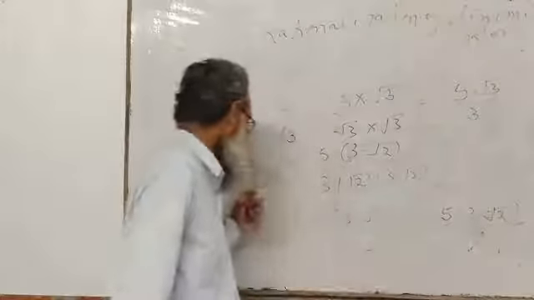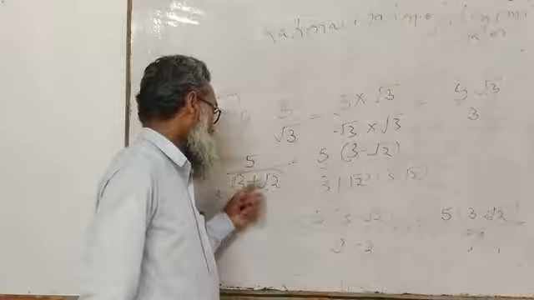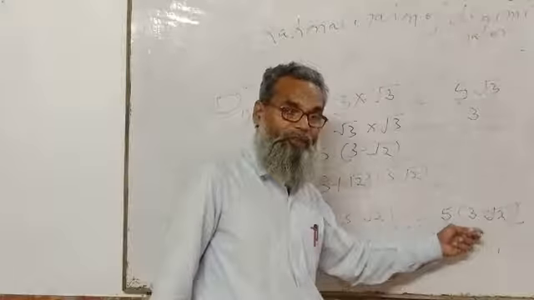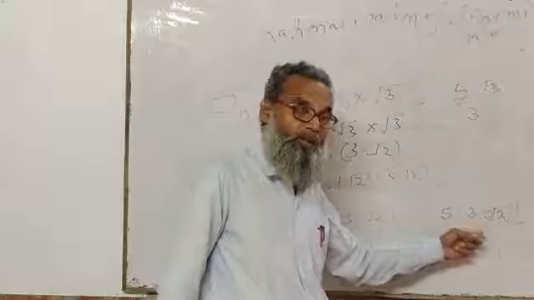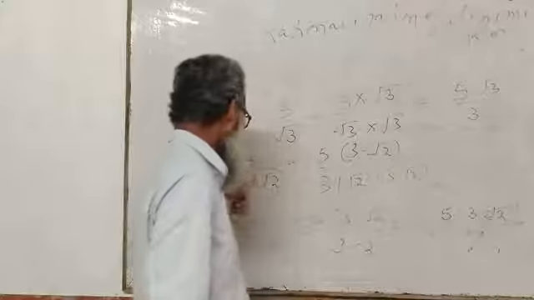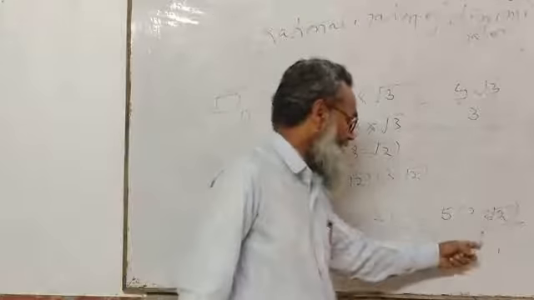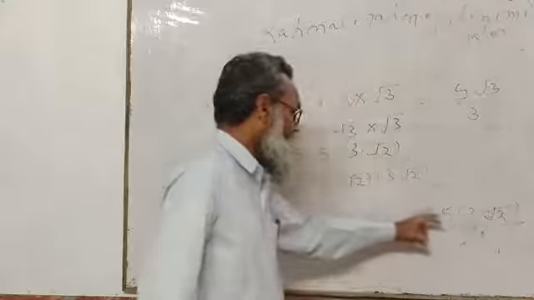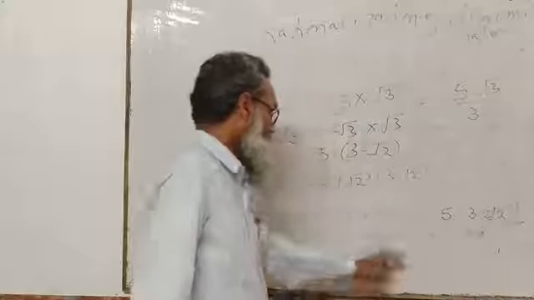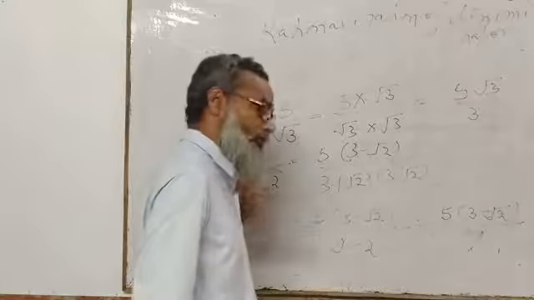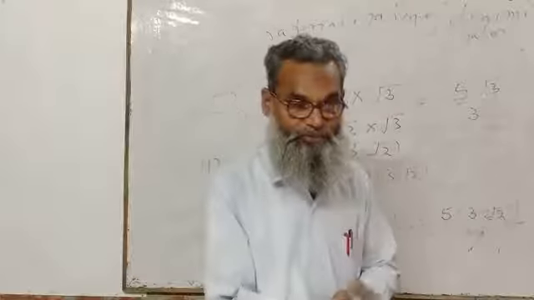So you have got a denominator free from square root. The complete value is 5 times (3 minus root 2) upon 7, obtained from 5 upon 3 plus root 2. This is how to rationalize a denominator.